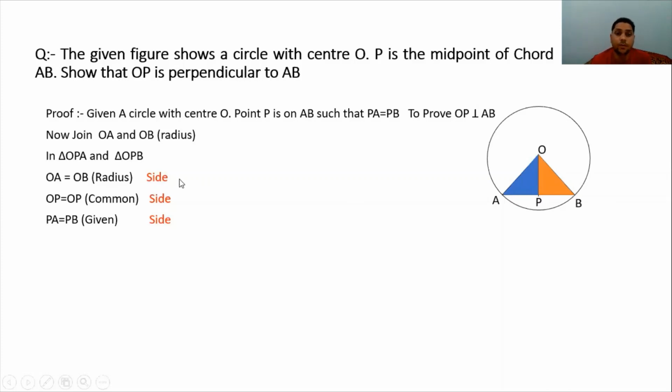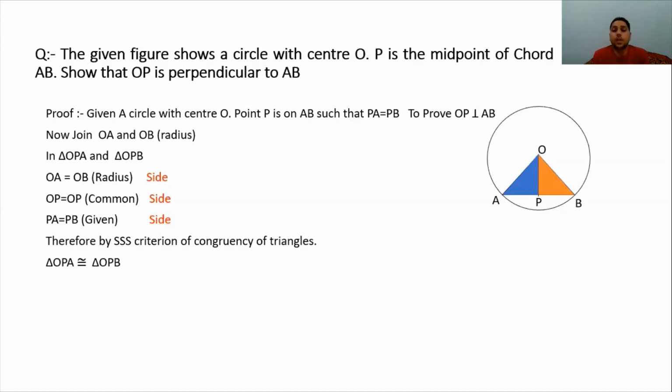Now we have three sides of the triangles equal, which means that triangle OPA and triangle OPB are congruent to each other by the side-side-side criteria of congruency. So triangle OPA is congruent to triangle OPB. When two triangles are congruent, the rest of the components, that is the angles of these two triangles, are also congruent to each other.